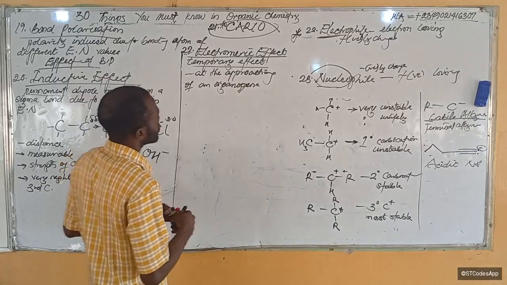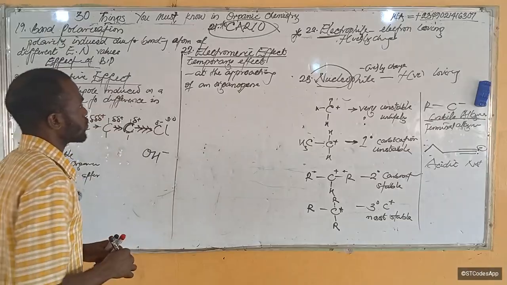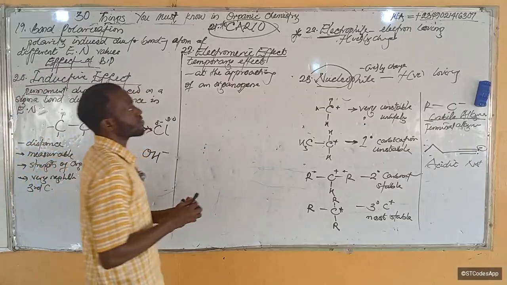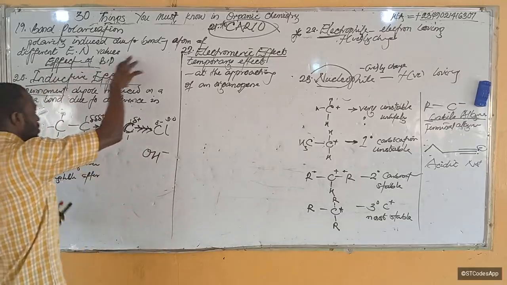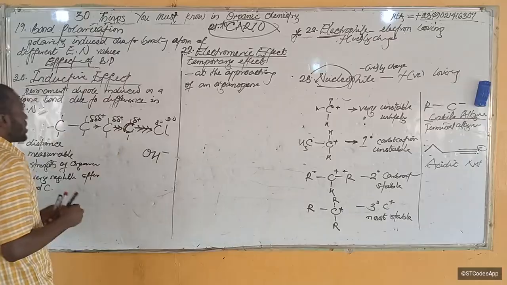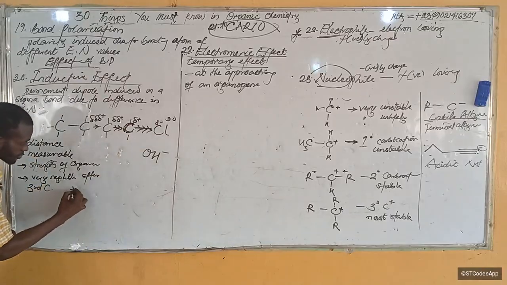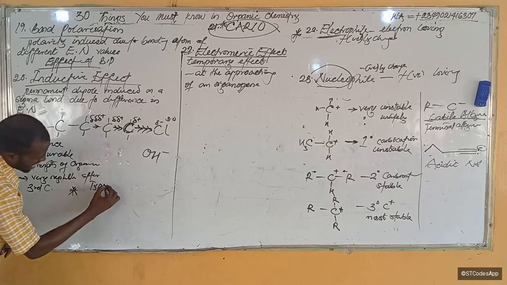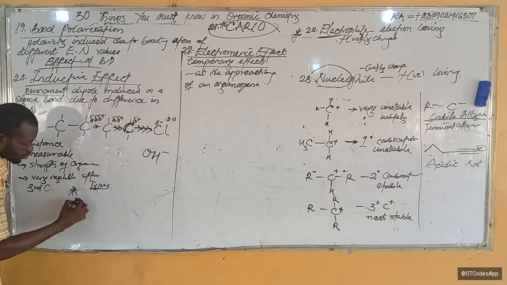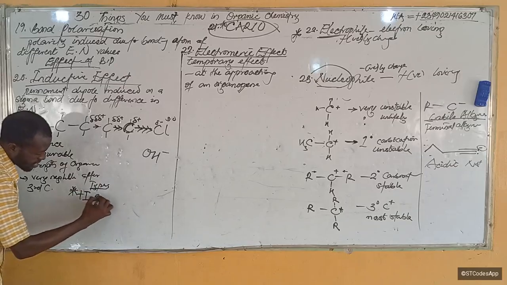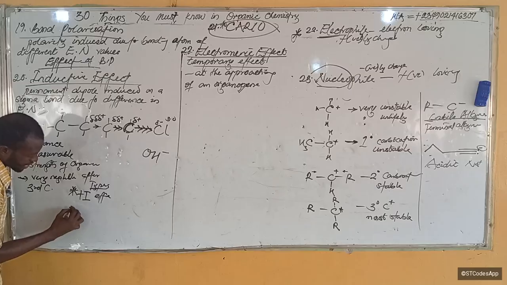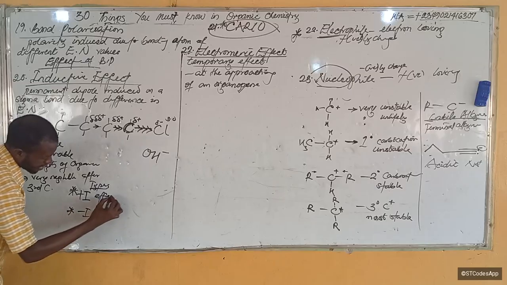There are two types of inductive effects. I've mentioned this before, so maybe I will link the video in the description. There's the plus I effect and there is the minus I effect.